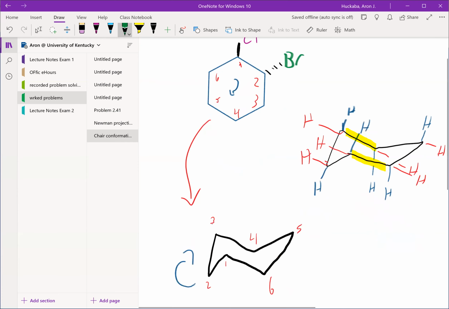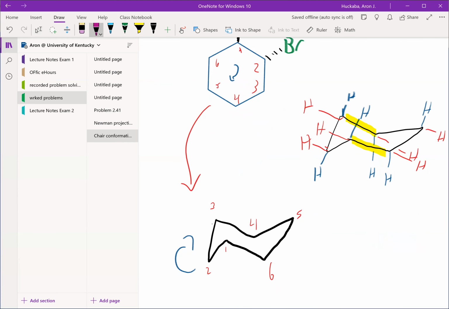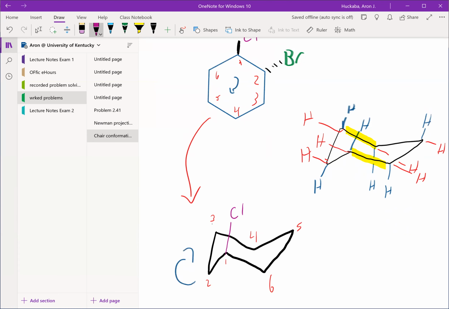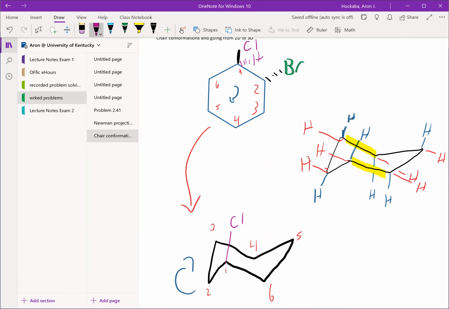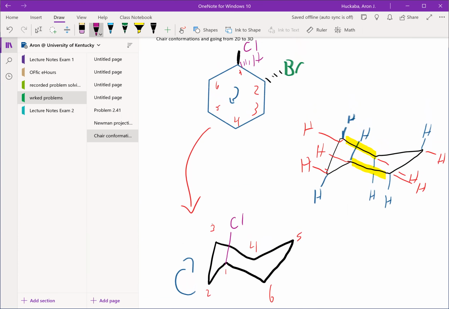Great. So the chlorine is pointed up in number 1. So that would be pointed up. And of course, the opposite case is where the hydrogen is pointed back, right? So the hydrogen here would be pointed this way.